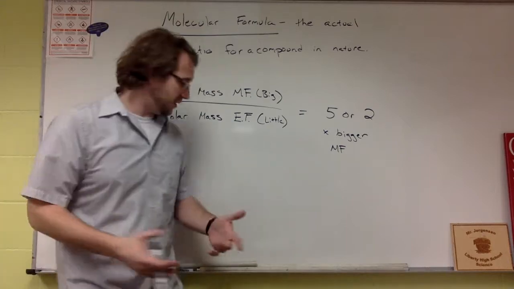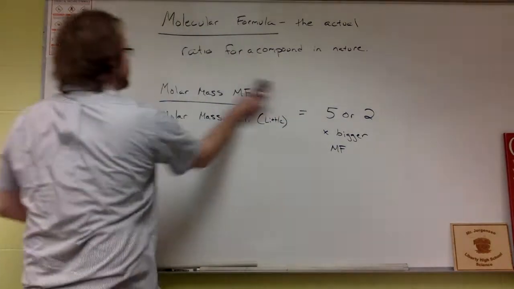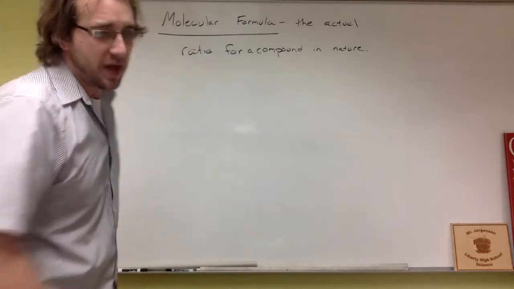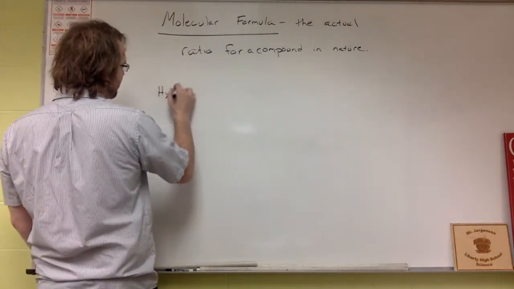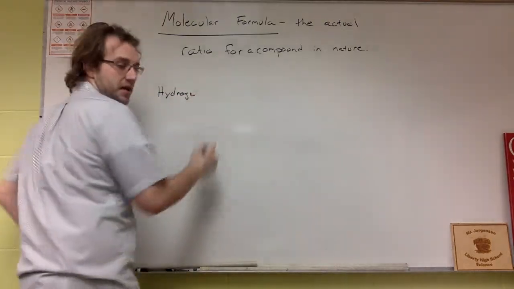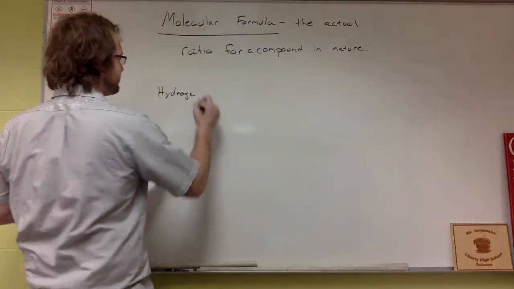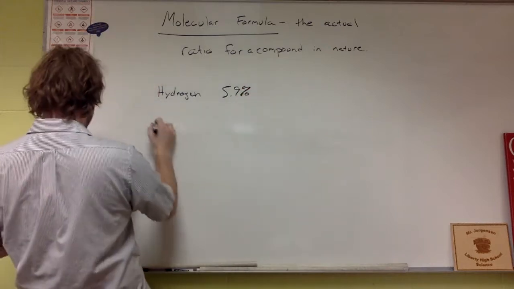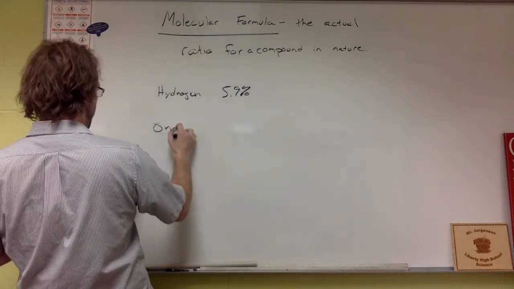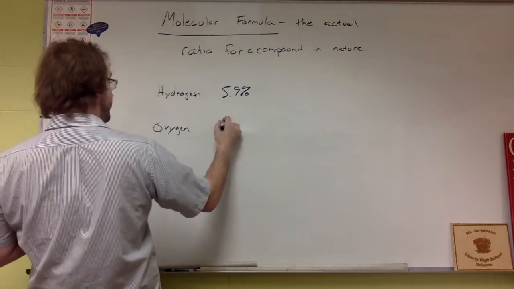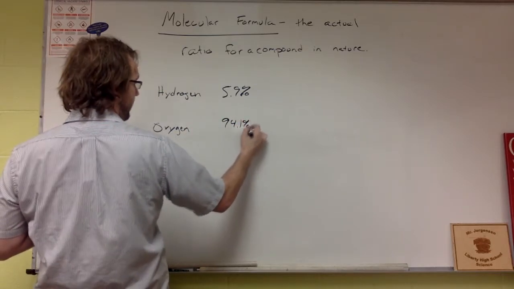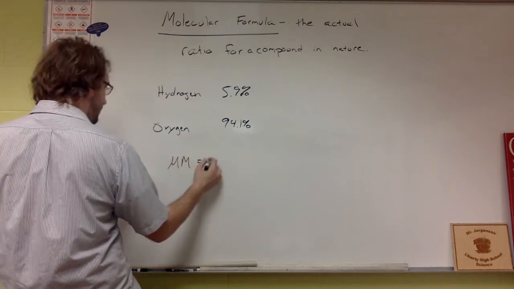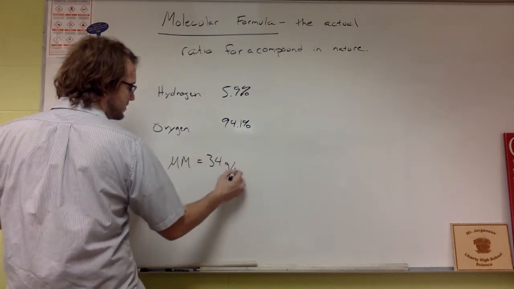Let's take a look at an example. So if we take a look at, I don't know, HO. Sure, we've got hydrogen with a percent of 5.9, and we've got oxygen, percent of 94.1. And then we got some other information, MW, of 34 grams per mole.